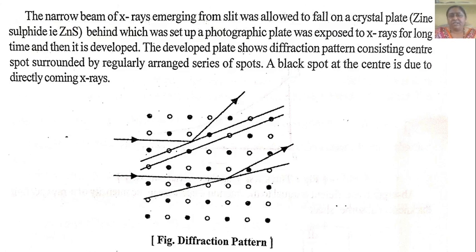The developed plate shows a diffraction pattern consisting of a center spot surrounded by regularly arranged series of spots. A black spot at the center is due to directly coming X-rays.